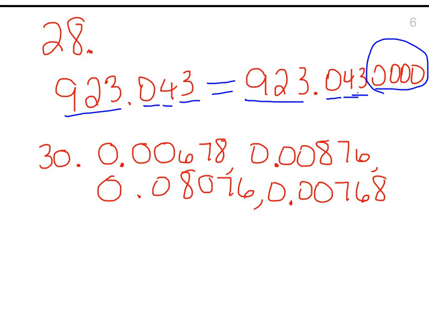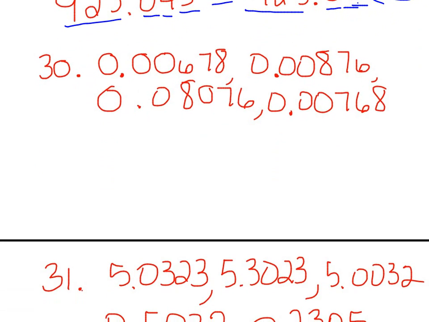Number 30, we're just ordering these from greatest to least. And again, we'll look at these first places. They have zeros in the first place. They all have a 0 in the place after the decimal. Now, if you look at the next place, this one's a 0 here, and this one's a 0 here, and this one's a 0 here. But this is not a 0, so I automatically know that this one is my biggest number. So I'm going to put it down here.